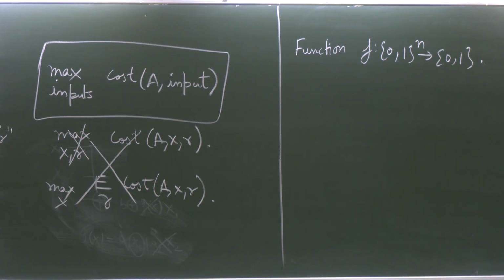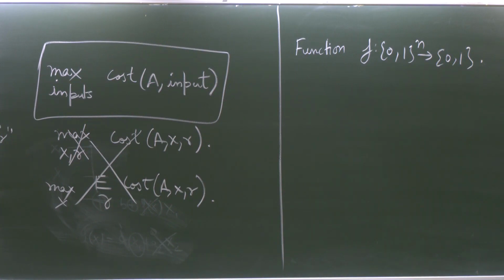So how do we show that if you want to compute a function like this, randomized can do better than deterministic? Okay, that's the example we are going to start with, and then we will move on to quantum versus randomized. But first, if randomized is the same as classical, then we are not worried, right?